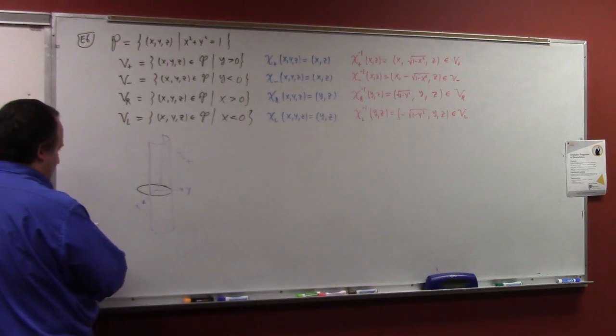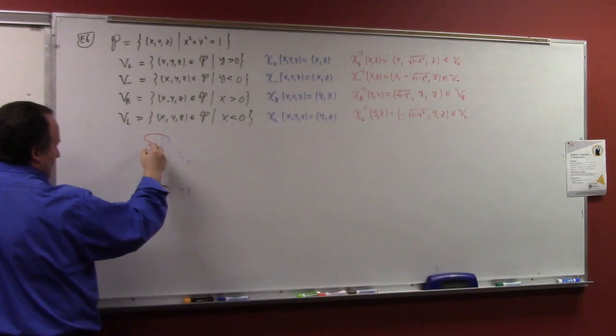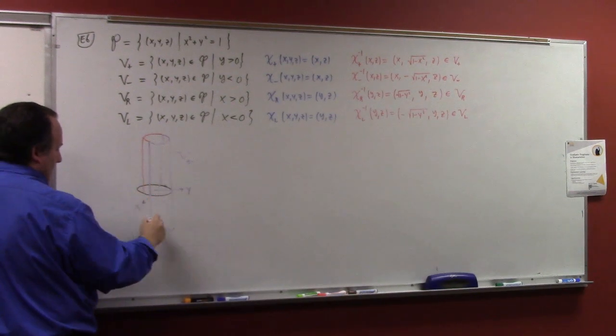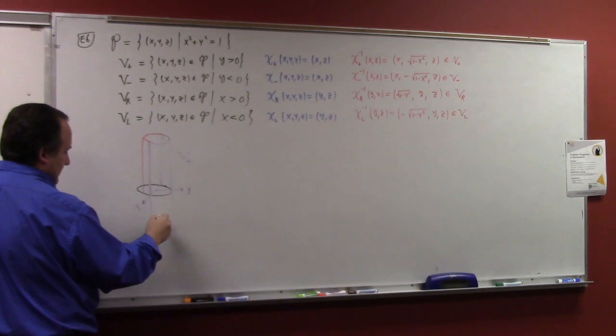And V minus would be behind the x-axis, right, back over here.